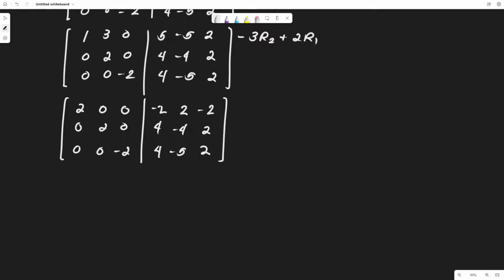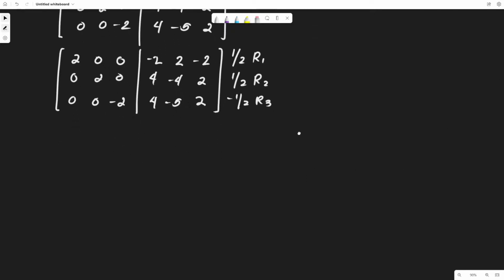So, divide ko na lang lahat by 2. The last one is negative 2. So you have here 1 half R1, 1 half R2, negative 1 half R3.